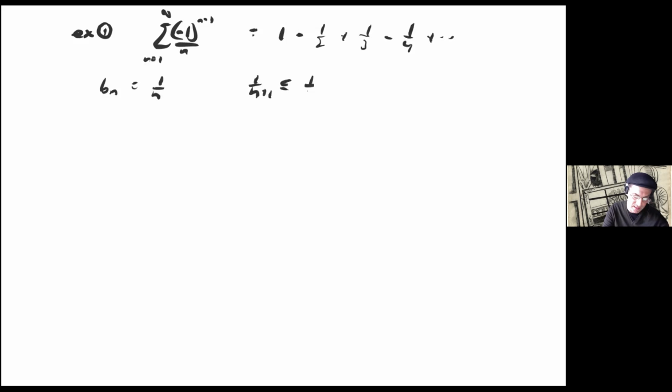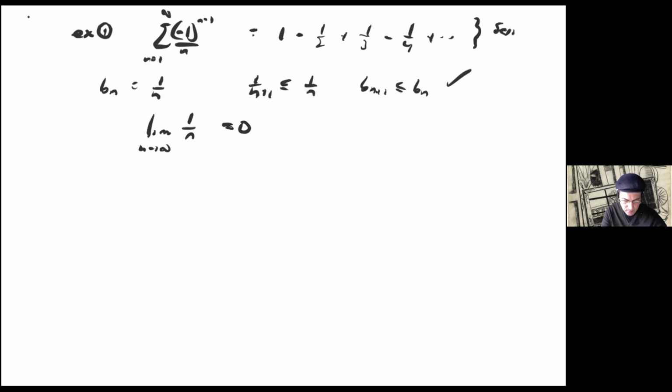In fact, it's strictly greater than. So the terms are decreasing. b_(n+1) is less than or equal to b_n. That checks. The other thing we need to check is that the limit of b_n as n goes to infinity is 0, and that's obviously true for 1 over n. So the series converges.